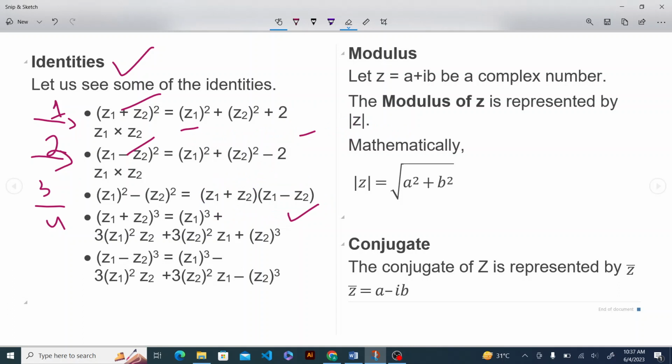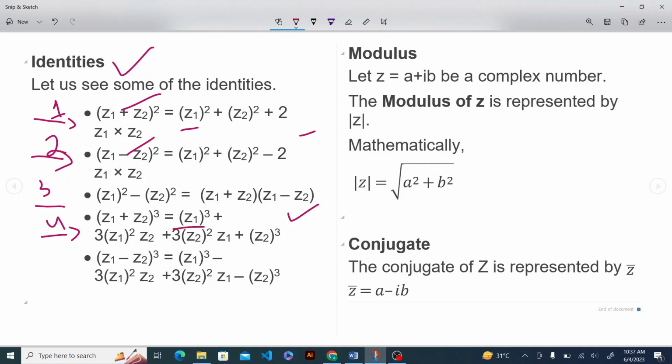Okay, so let us see the fourth one. This is (z1 + z2) whole cube. This is the left hand side of this identity. (z1 + z2) whole cube is equal to z1 cube plus 3 z1 square z2 plus 3 z2 square z1 plus z2 cube.